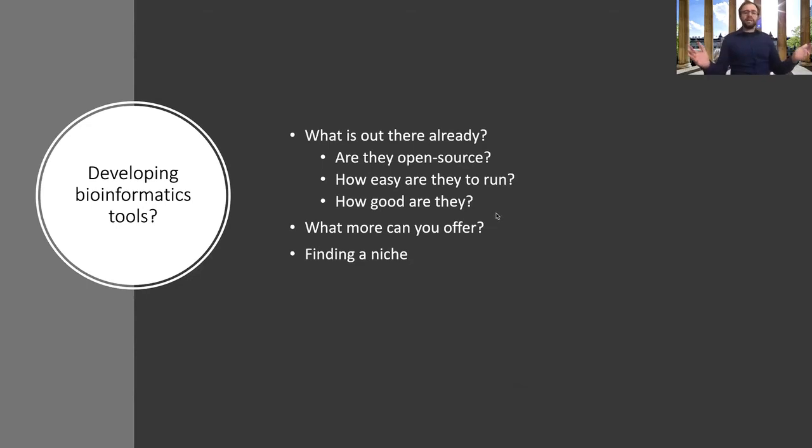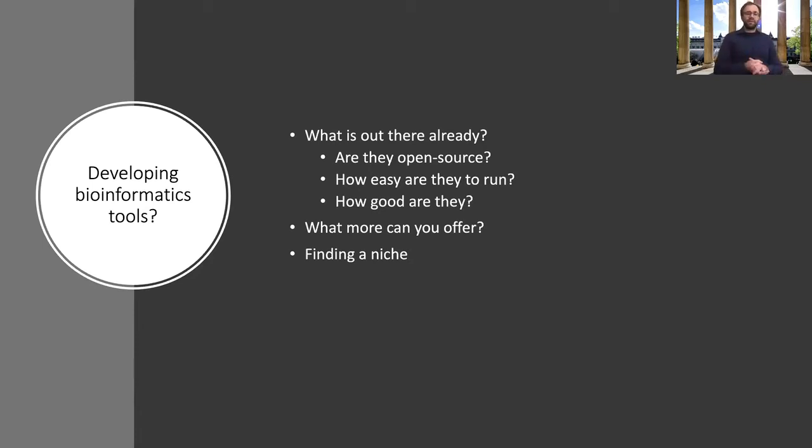Also, the software that's out there, how good is it? How well does it work? Unfortunately, what happens a lot in research and academia is that people will write the software, publish the paper, but then they won't maintain it at all. It will stop working because the software depends on other software, on libraries, and those will get upgraded, and then it won't be compatible anymore. It won't be extended.